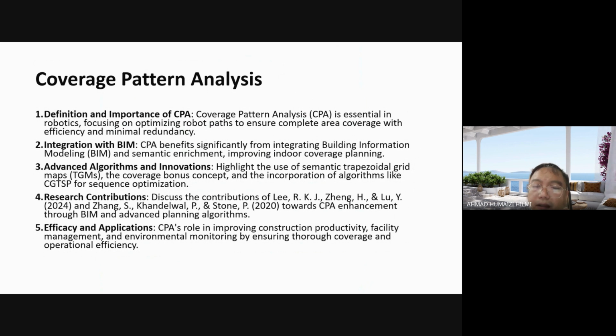They introduced innovative concepts like coverage bonus and algorithms tailored for optimizing coverage sequence, significantly enhancing the performance of robots in construction and facilities. There are researchers like Li, Liu and Zhang who go towards CPA enhancement through building information modeling.